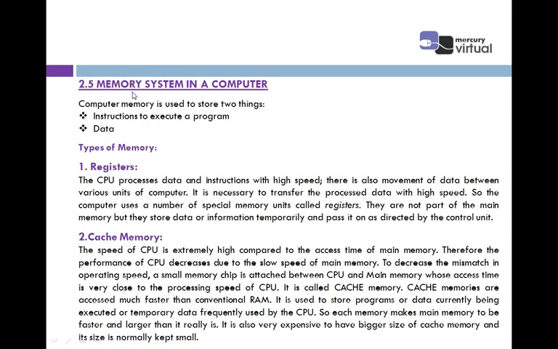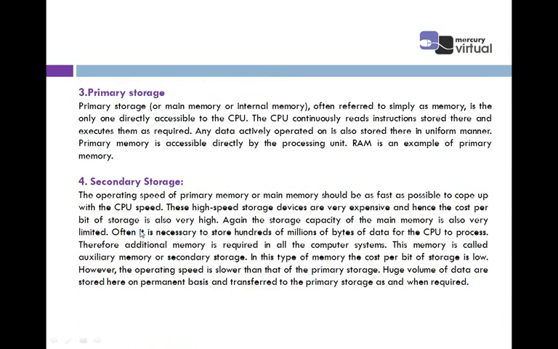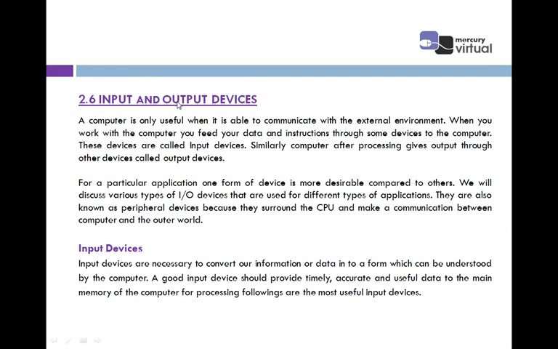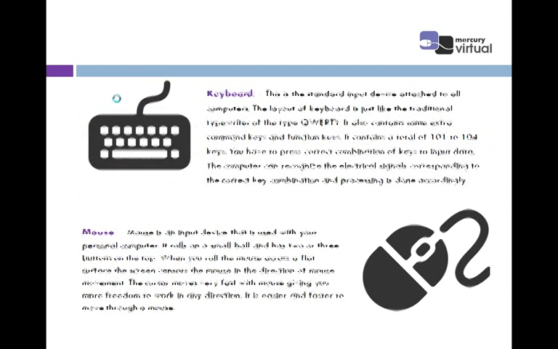Then the memory unit in a computer. Memory unit means where the data is stored, meaning what are the categories of memory, that is your registers, cache memory, primary memory, secondary memory. Input, output devices, meaning what are the input devices and output devices that are used in the computer.